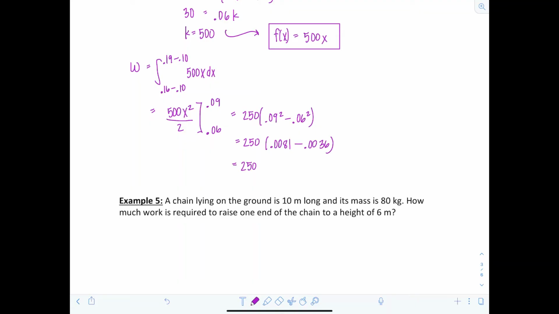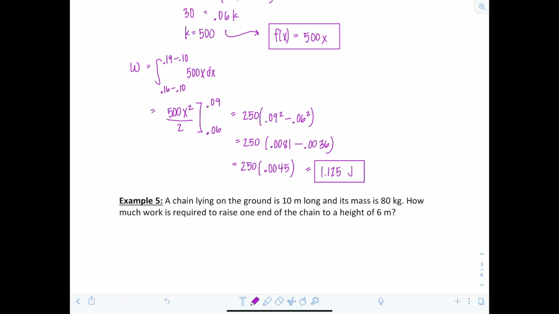So we have 250 times 0.0045, which is 1.125 joules. All right, very nice.